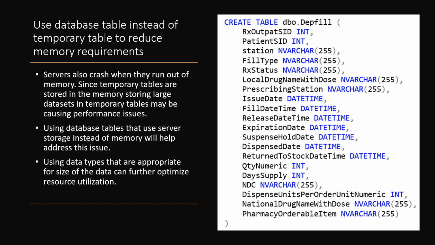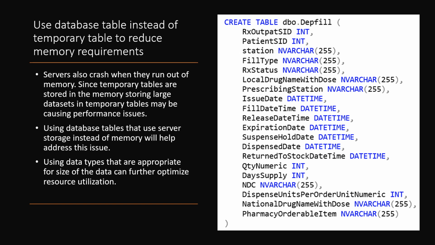A sample query to create this database table is shown on the right. Here we use the database table dbo.depthfill in place of the temporary table #depthfill. We also use smaller data types for text. We use nvarchar 255 instead of nvarchar max to further optimize resource utilization.